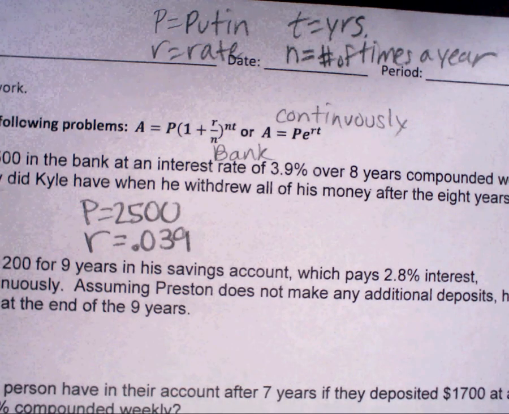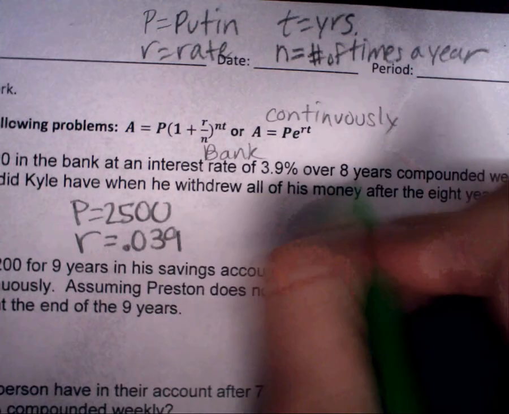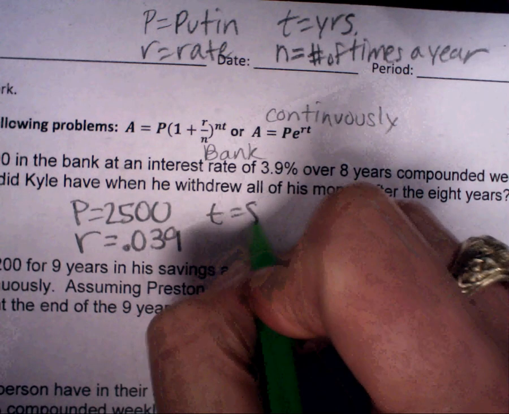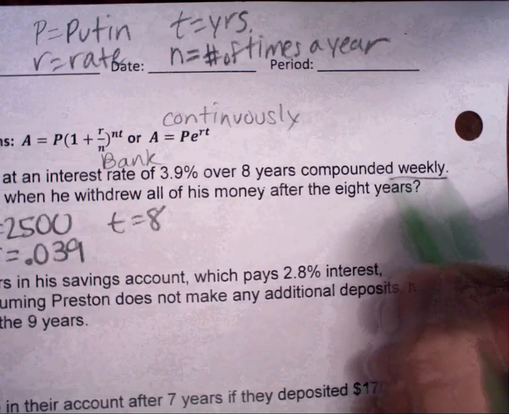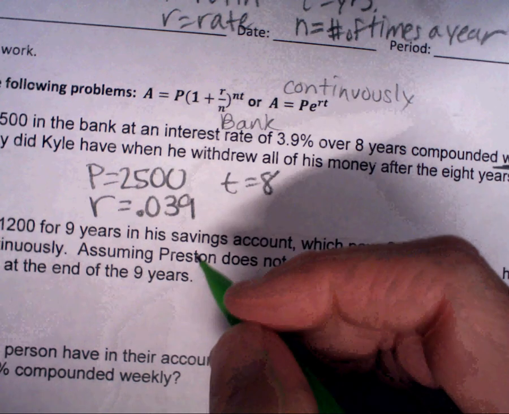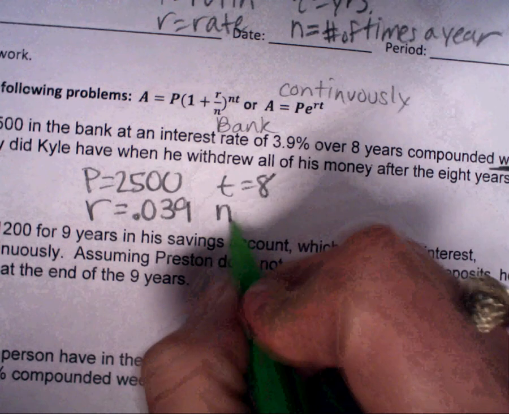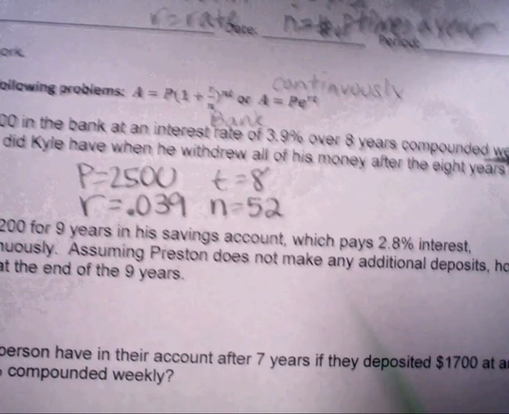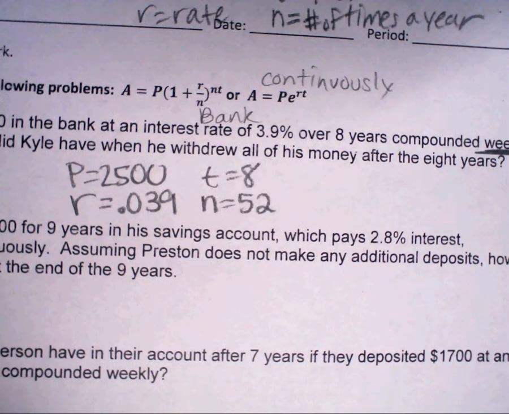So I move the decimal twice. T is 8, time is 8 years, compounded weekly. So this is our number of times a year. If it's every week he's getting interest on this money, then that means it's 52 weeks that year. So 52 times that 1 year.